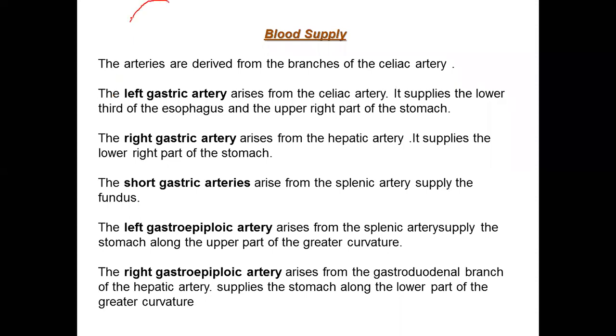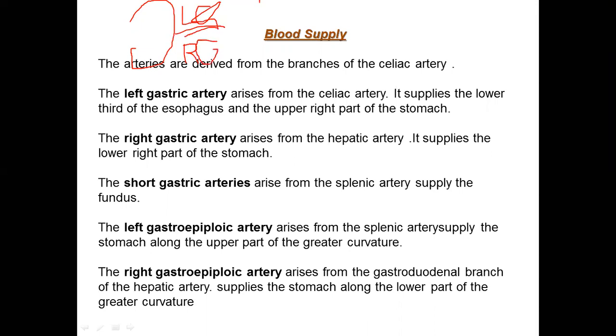So if I try to make a stomach roughly, this is the greater curvature. This upper part will be supplied by the left gastroepiploic artery, while the lower part will be supplied by the right gastroepiploic artery.